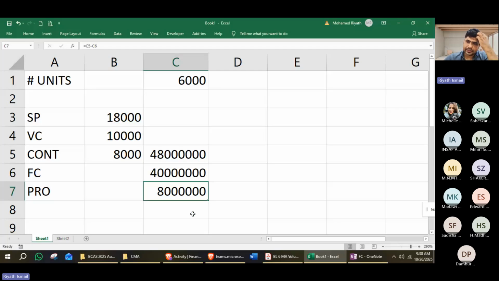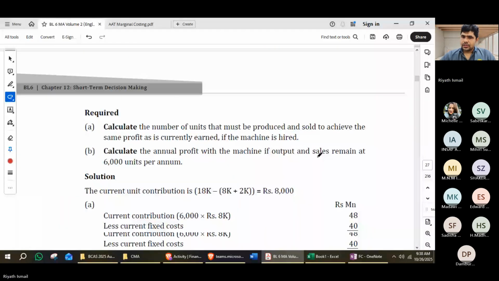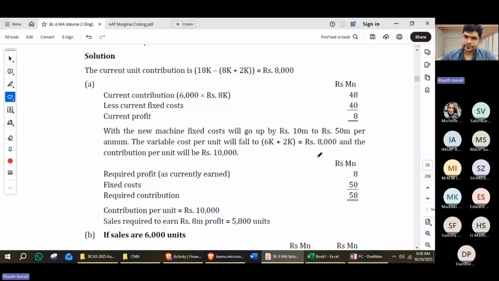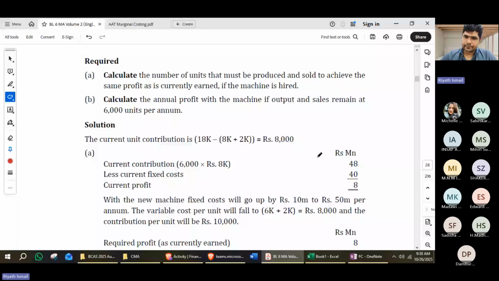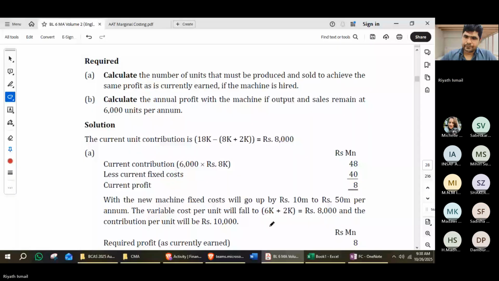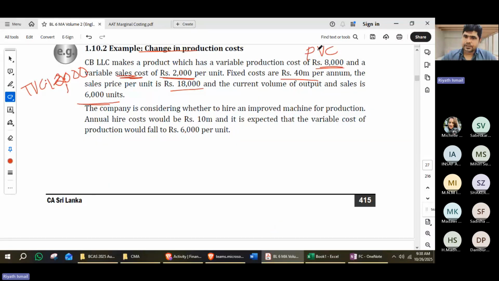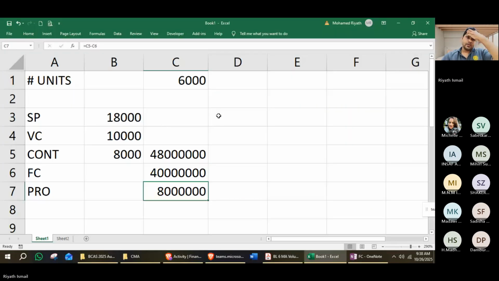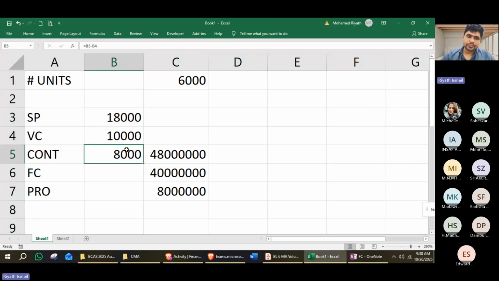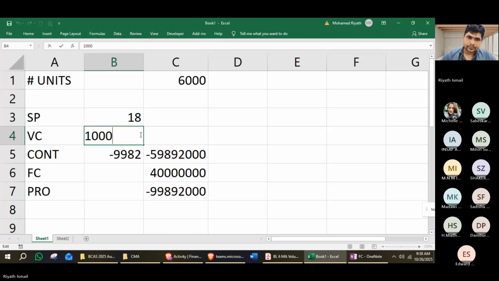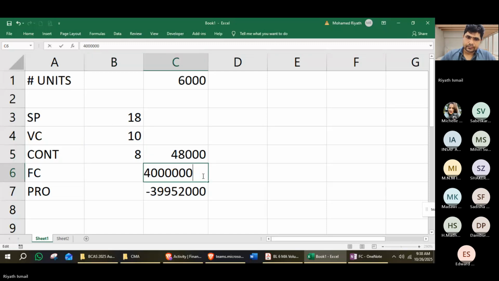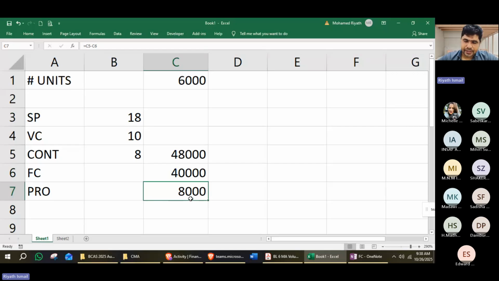There may be an error in the book, since we cut three zeros, but the profit will be 8 million, and the book is correct.